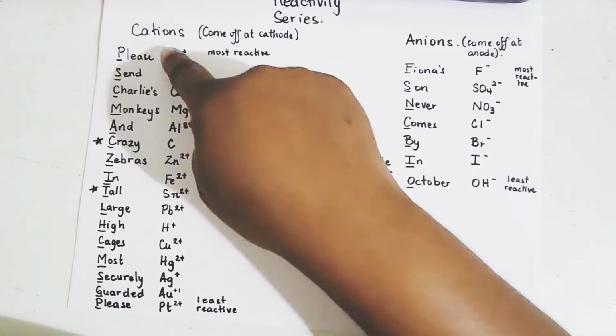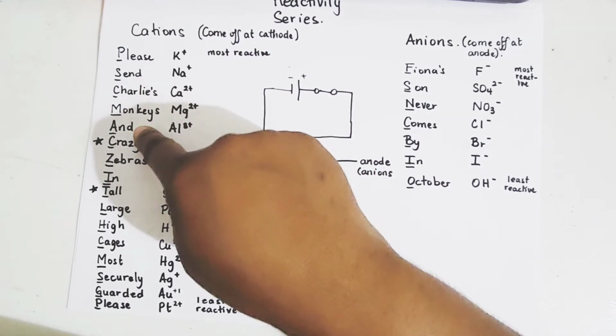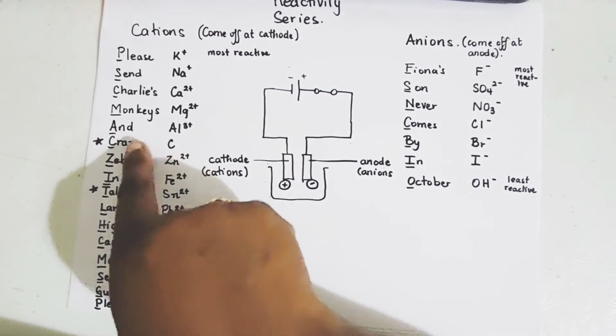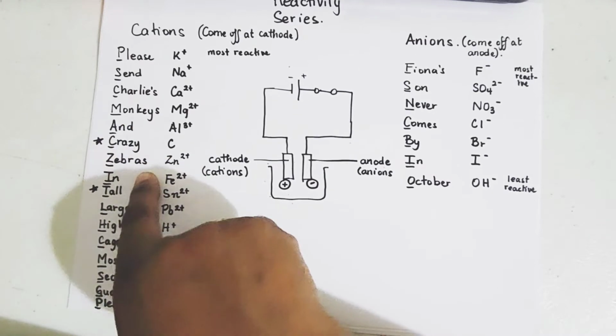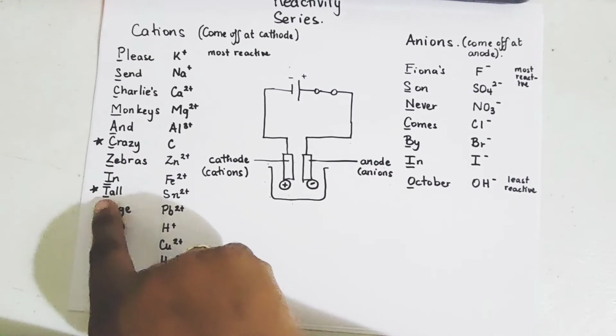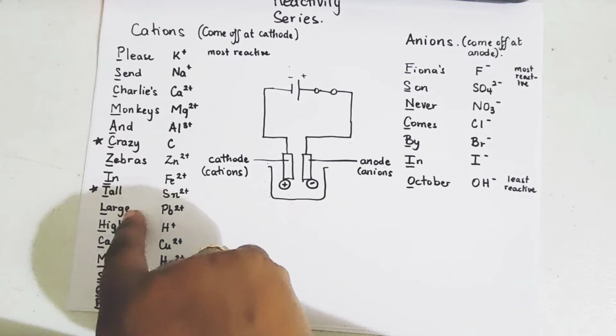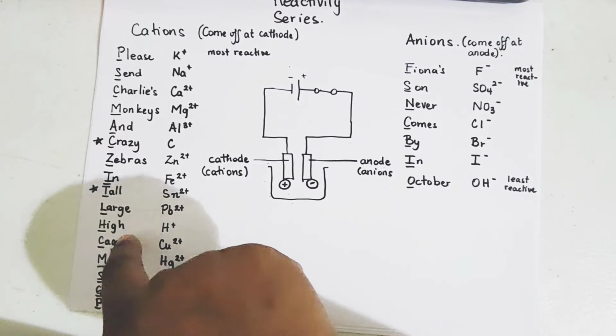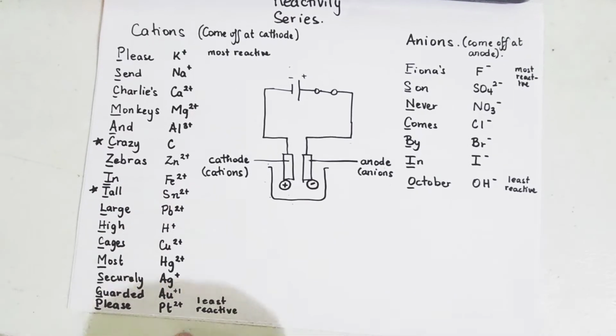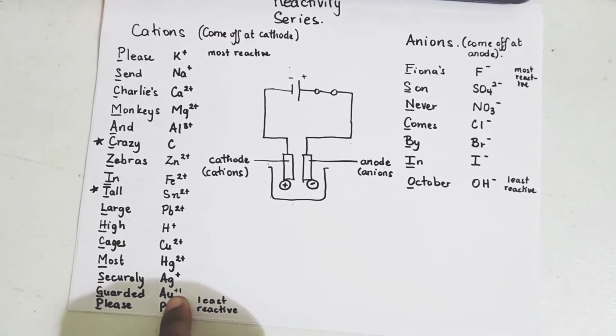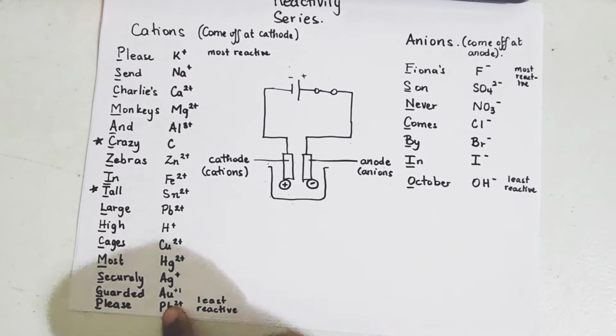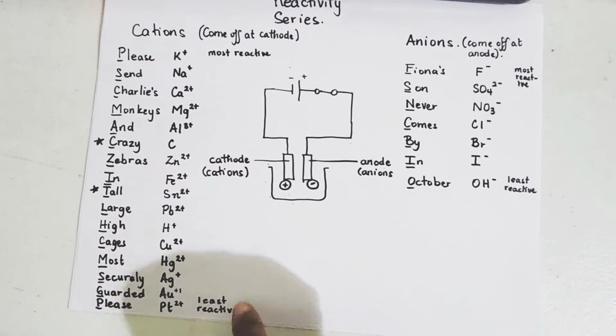So please send Charlie's monkeys, and if you want to remember, carbon is between, so crazy zebras. Tin is not usually in here as well. So tall, large, high cages, more securely guarded, and it usually stops off at guarded. Please is never there at the end, but please represents platinum.